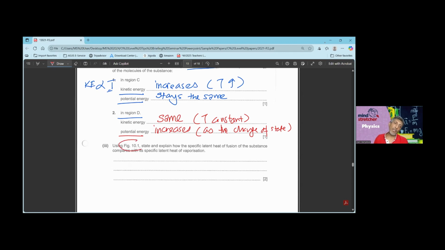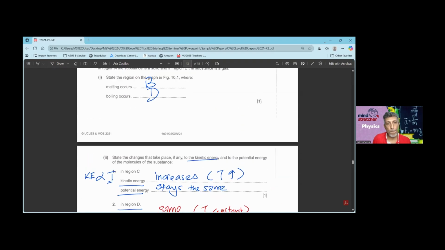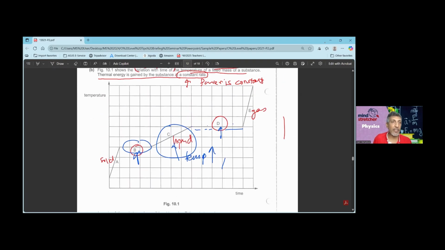Now, use figure 10.1 to state and explain how you know the specific latent heat of fusion compared to the specific latent heat of vaporization. Look at this, guys. This is the part where heat is supplied.